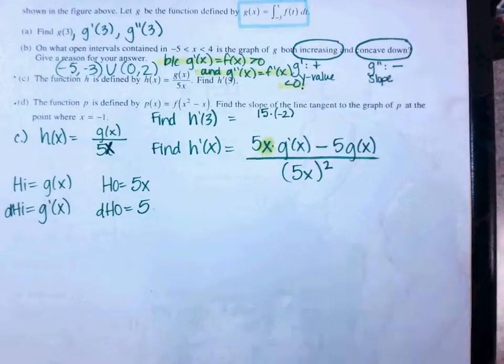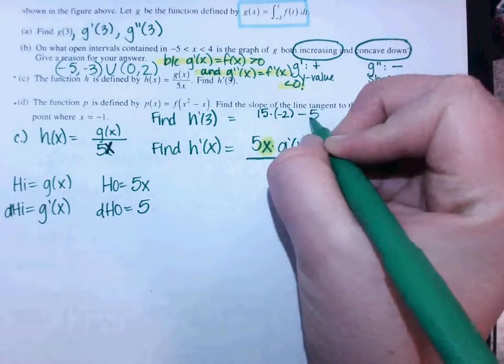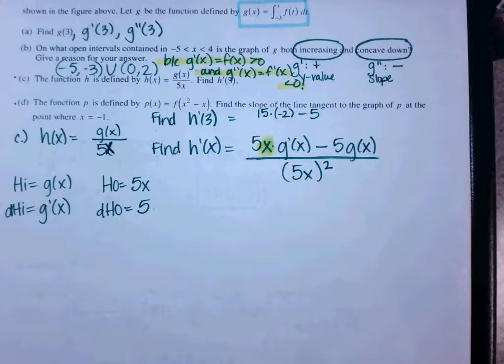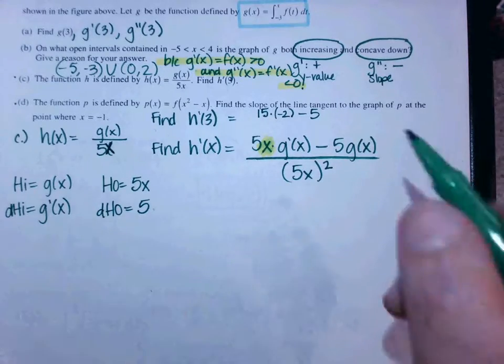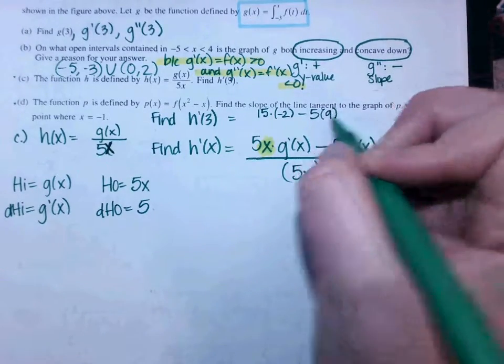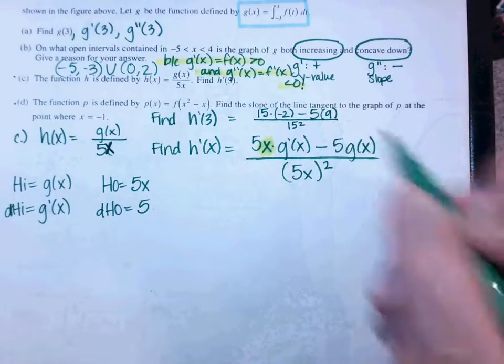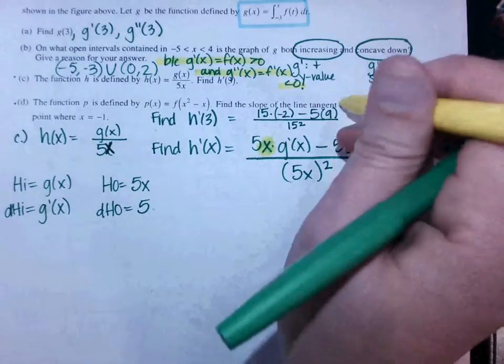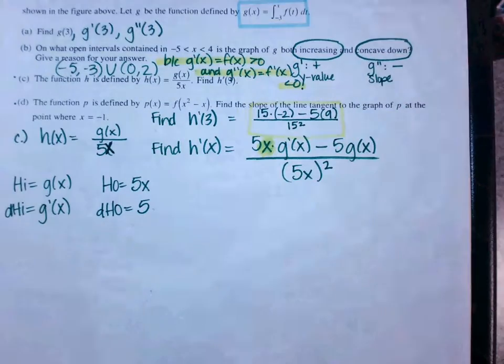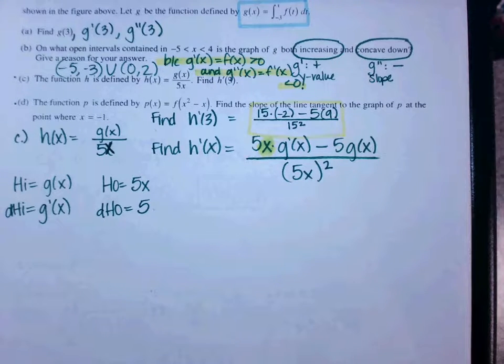Negative 2. Okay, minus 5. And then next we want g of 3. What's g of 3? 9. Divide by 15 squared. Do you have to do any more than that? Nope, that's good enough right there. So remember, you would need quotient rule, and then your letters, your G and stuff like that, you'd have to use your chart to find. Okay, part D.